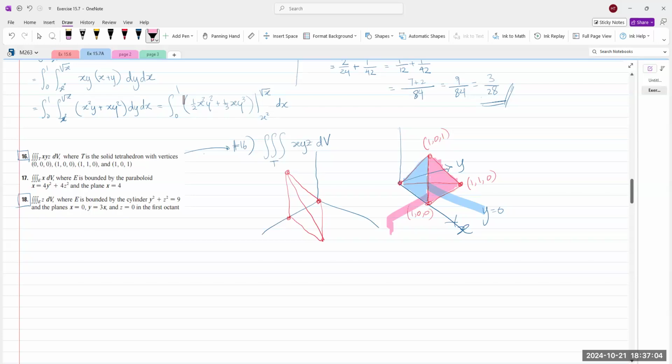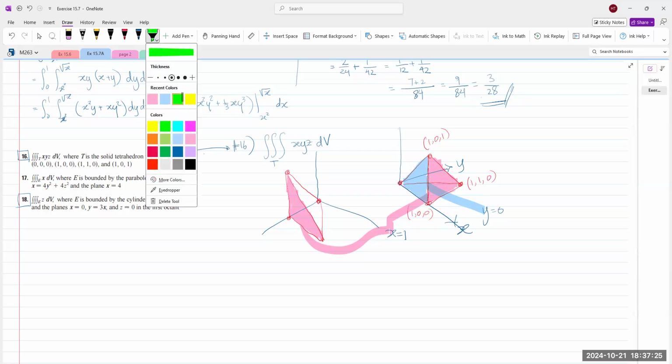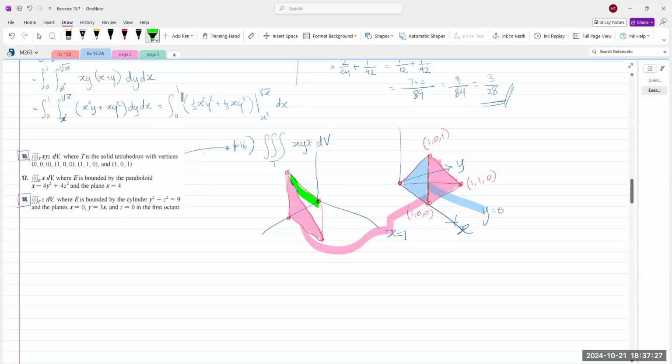The same plane as this, right? This is x equals 1. Okay, that's x equals 1. Now the thing is, how about this plane? How about that plane?